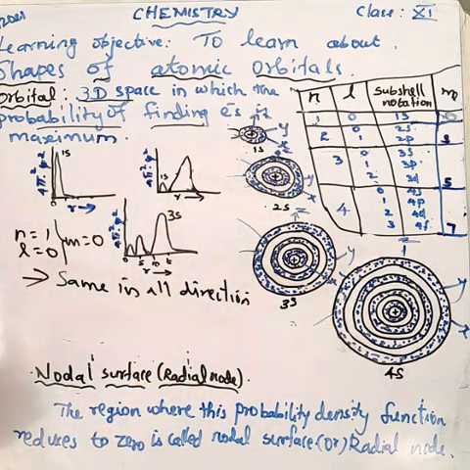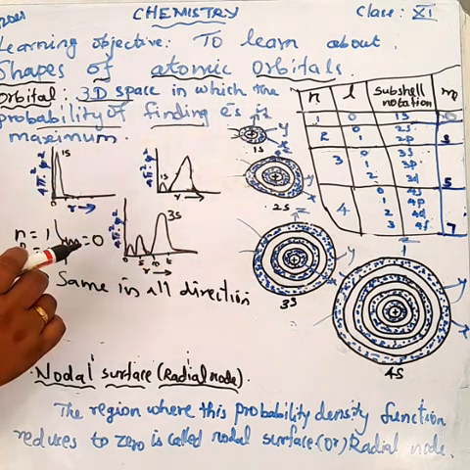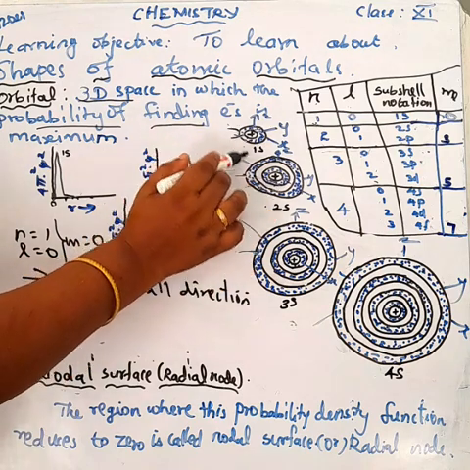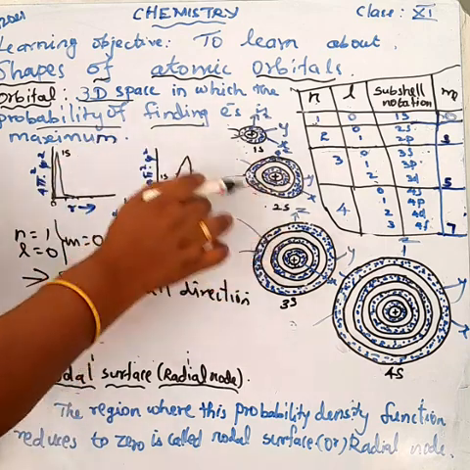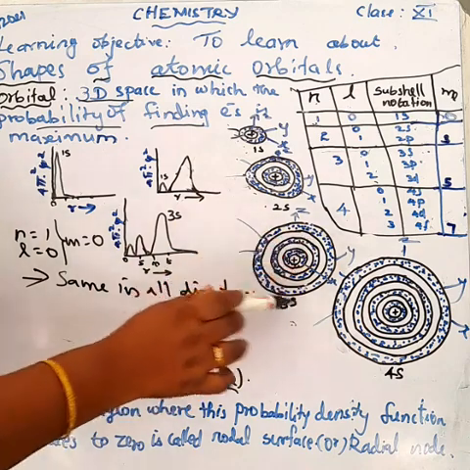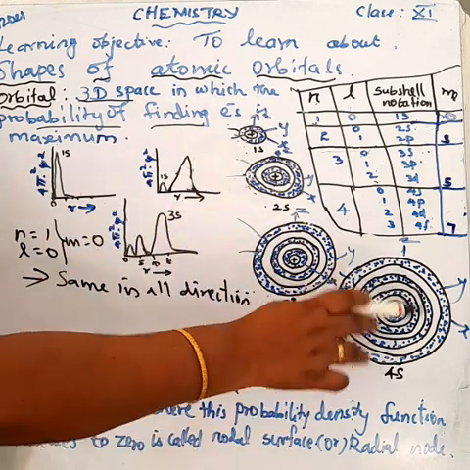See here, this is the 1s orbital. When compared to the 1s orbital, the 2s orbital size increases. When compared to the 2s orbital, the 3s orbital size increases, and when compared to the 3s orbital, the 4s orbital size increases.